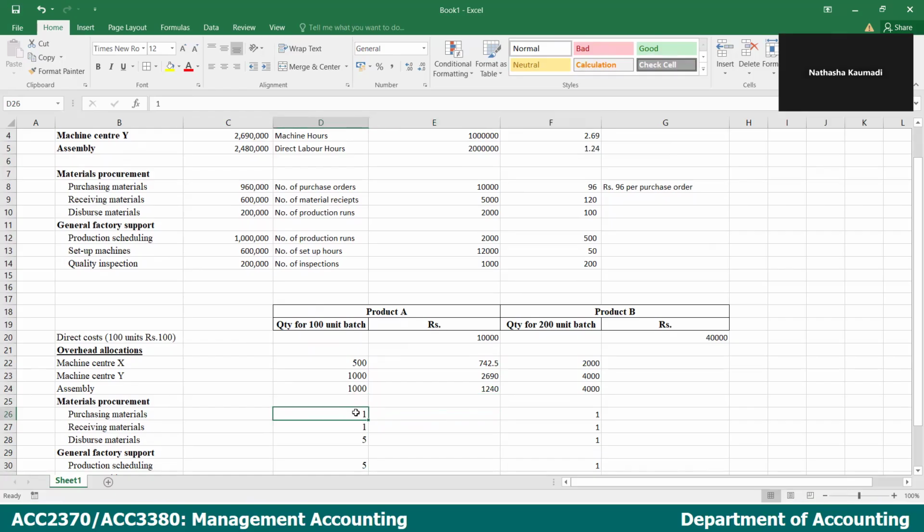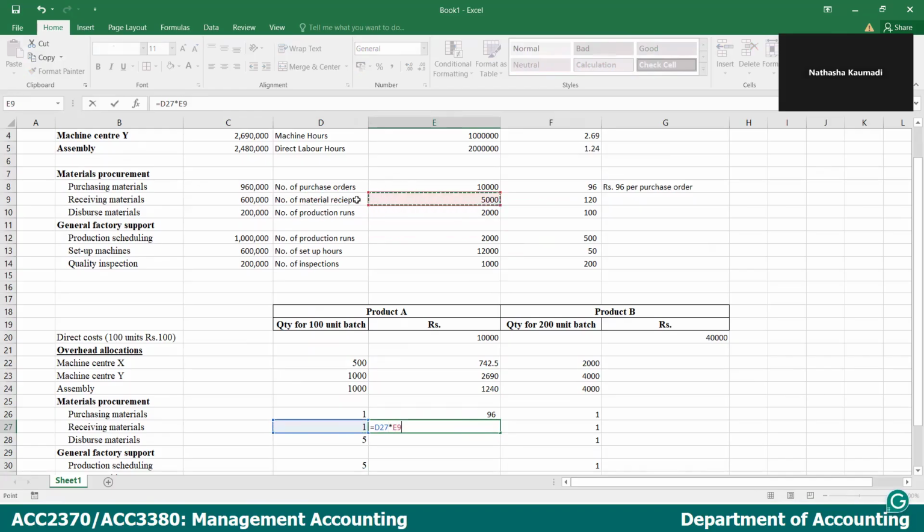What about purchasing materials? That means this is purchase orders. One purchase order, only one. How much is that? 96 rupees per purchase order. Receiving materials. Material receipts. What was the cost? 120 rupees per material received. Disbursing materials, 5. What is this 5? 5 means production runs.